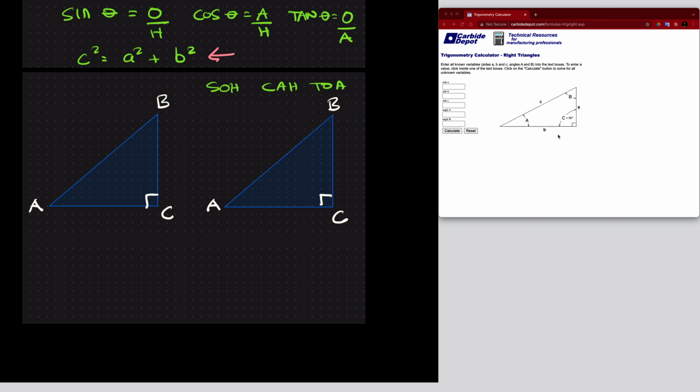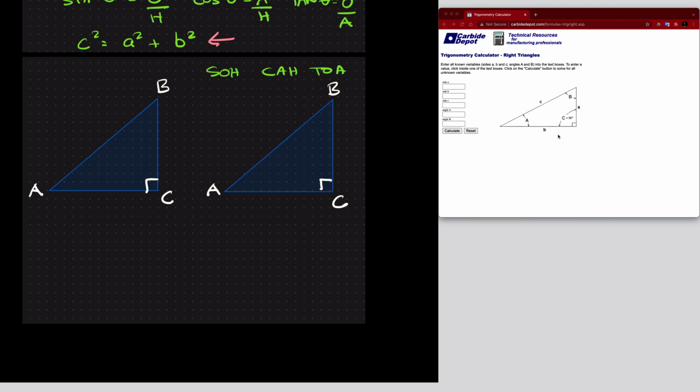If I have 2 sides and no angles, I can use any one of these formulas to calculate that angle. And if I have an angle and 1 side, then again I can use any one of these formulas up here to also calculate the other side.